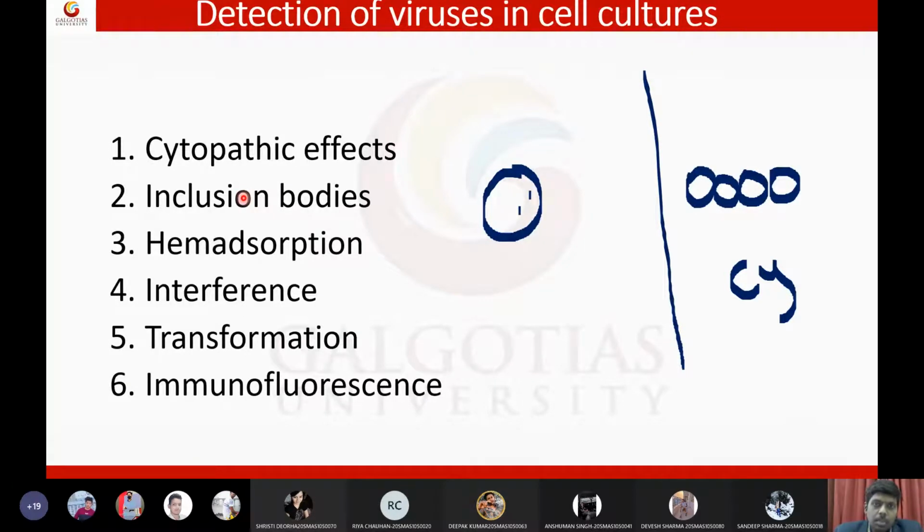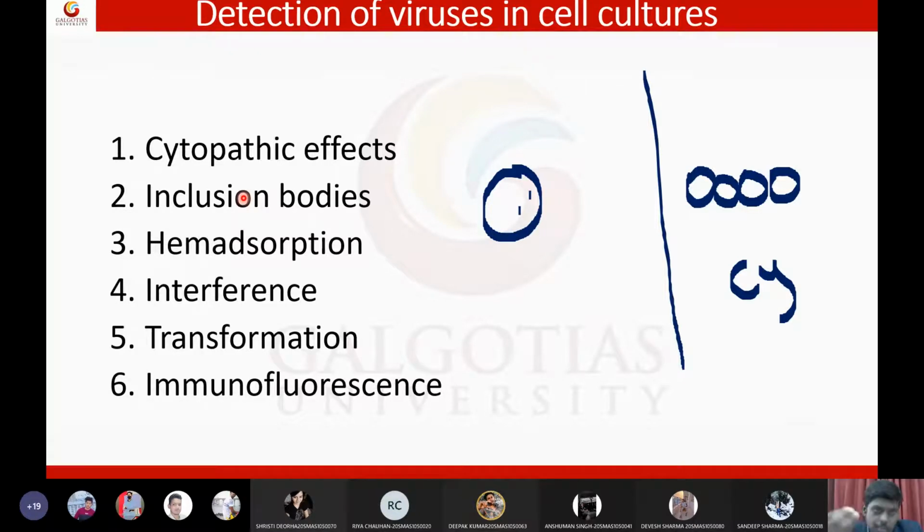So, upon replication or cultivation of virus in the tissue cultures or in the animal inoculation, we need to detect the virus, and in order to detect the virus, we will opt for any one of these methods. Either we can approach with cytopathic effects. Cytopathic effects are the change in the tissue morphology upon infection by virus.